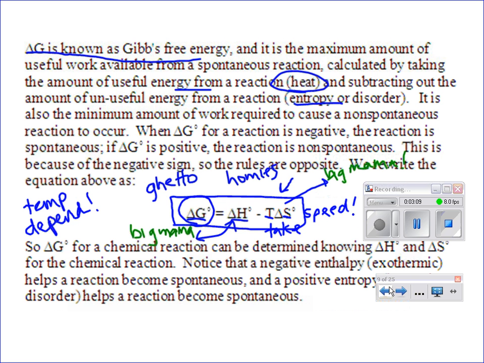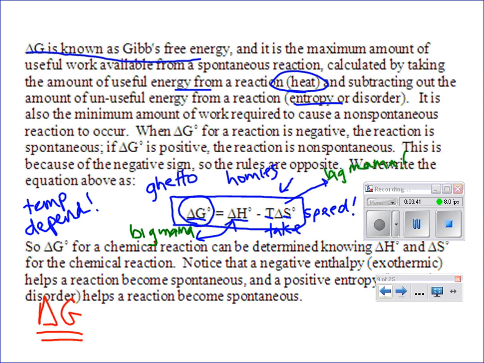Now, what else is important about delta G? In the chemistry world, when we talk about free energy, what most people think about is spontaneity. They want to know if a reaction is spontaneous or not by using delta G. Yesterday, you learned a really hard way to find if something was spontaneous. What did we determine yesterday? The entropy of the universe can tell us if something's spontaneous. That's kind of a pain because you have to find delta S of the system, delta S of the surroundings, and add them up.